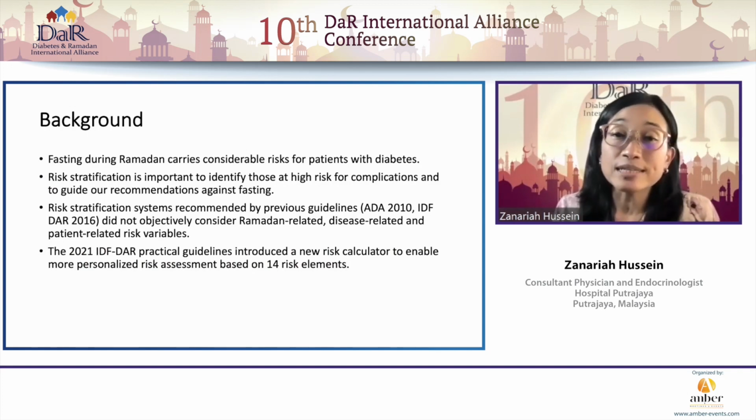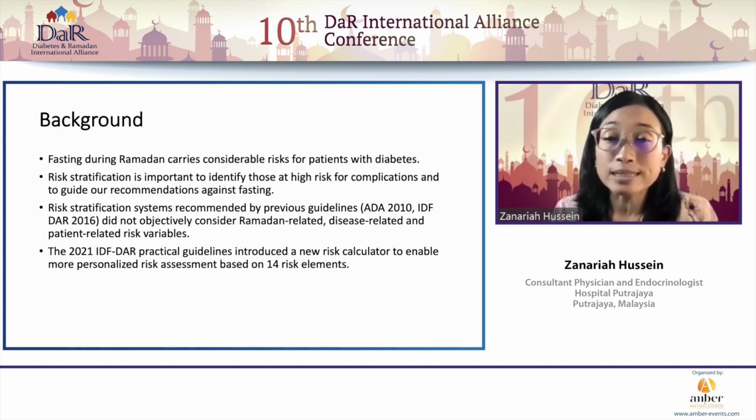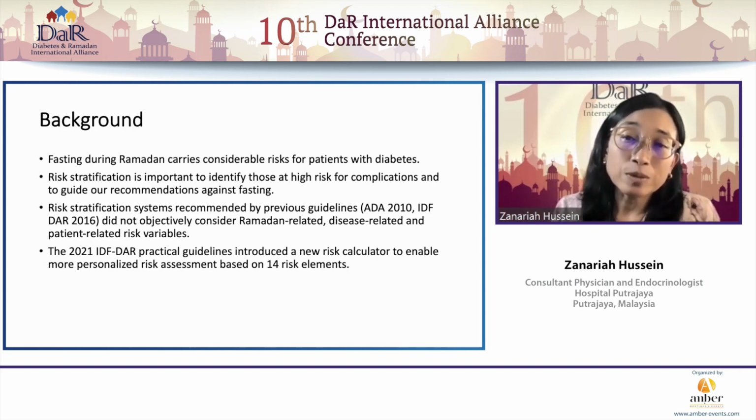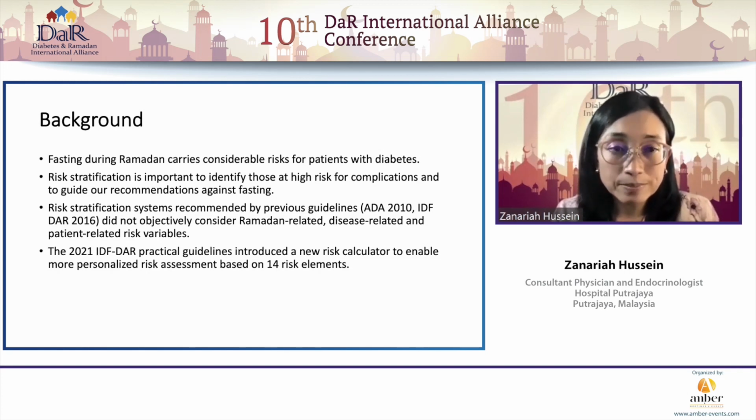Risk stratification is most important because ultimately it identifies, in the pre-Ramadan period, which patients would be at risk of developing complications such as severe hypo- or hyperglycemia, which may necessitate hospitalization. This is what we want to prevent by having good education of the patient as well as appropriate treatment adjustments.